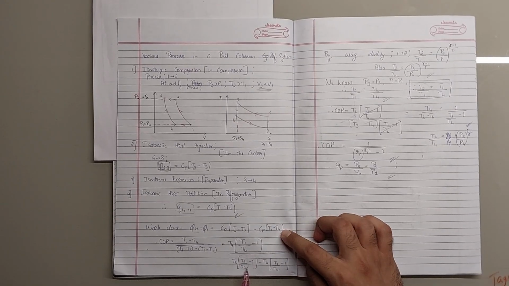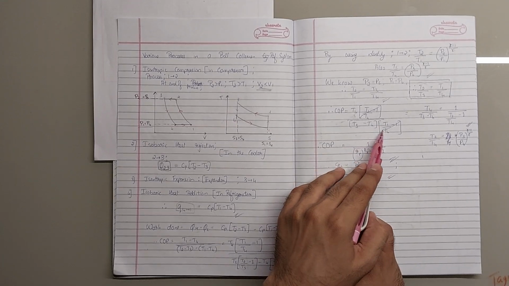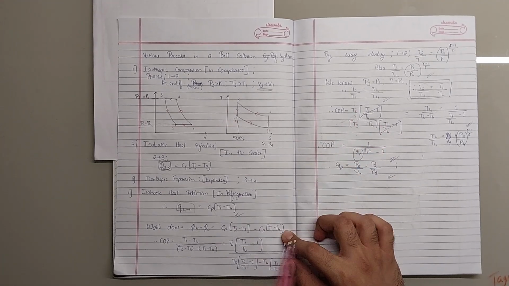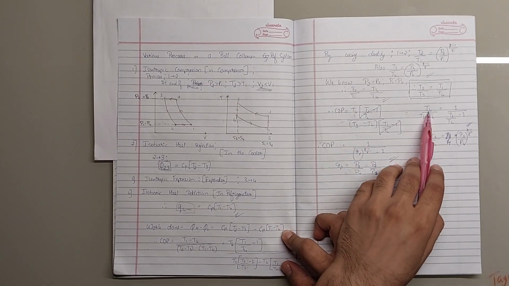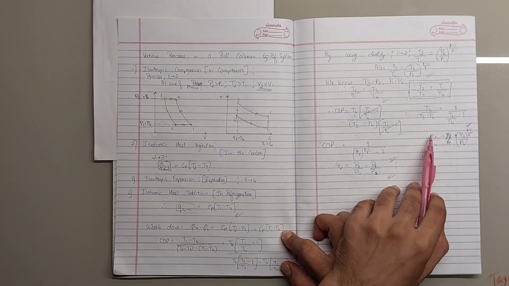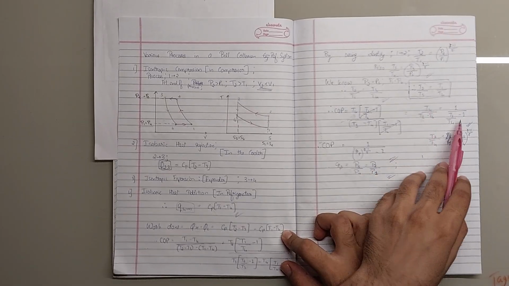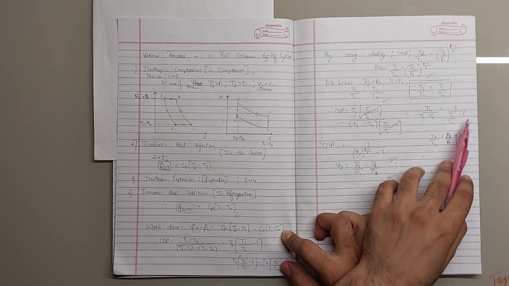So we can take these two terms in common. So we get T3 minus T4 into T1 by T4 minus 1, and above we had the terms as it is. These two terms get cancelled and we have T4 by T3 minus T4. Taking T4 into the denominator, we get 1 by T3 by T4 minus 1.